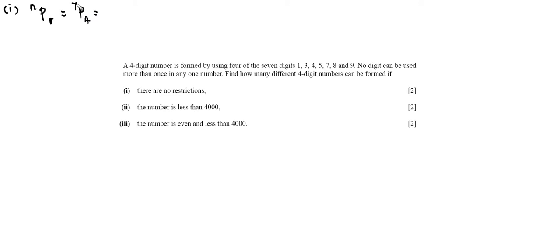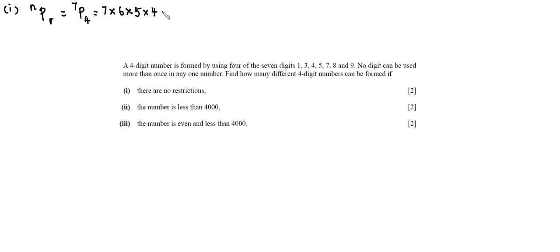If you calculate, you can use a calculator to get this value, but you can also calculate manually. So let's do it manually. 7 times 6, decreasing by 1 each time, for 4 terms. Why stop at 4? I have to count how many digits: 1, 2, 3, 4. There are 4 positions to fill up the 4-digit number.